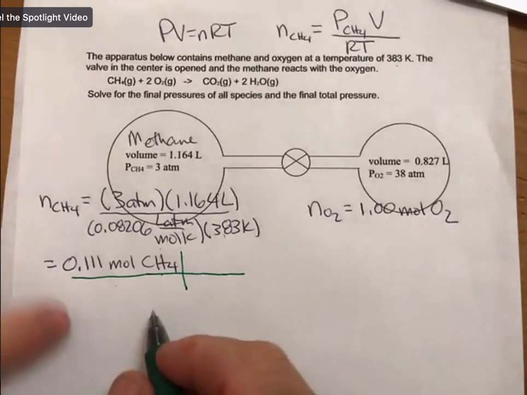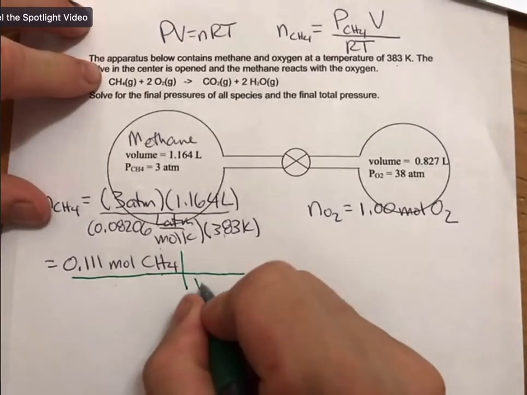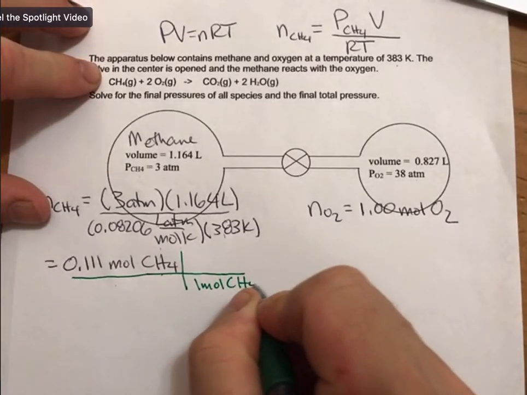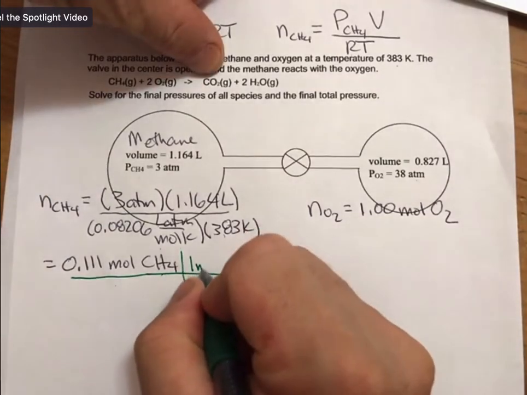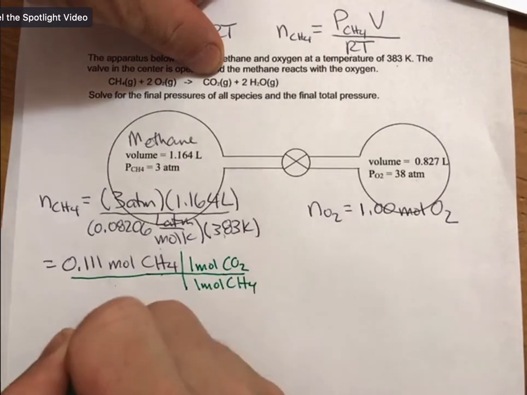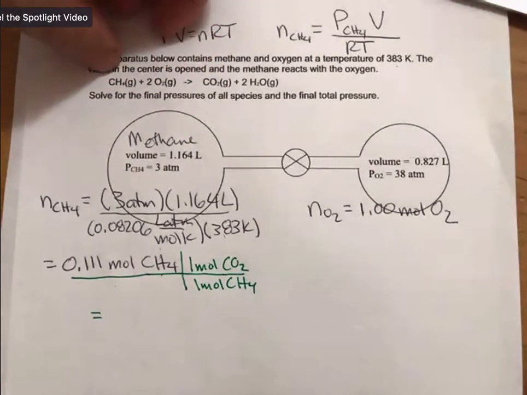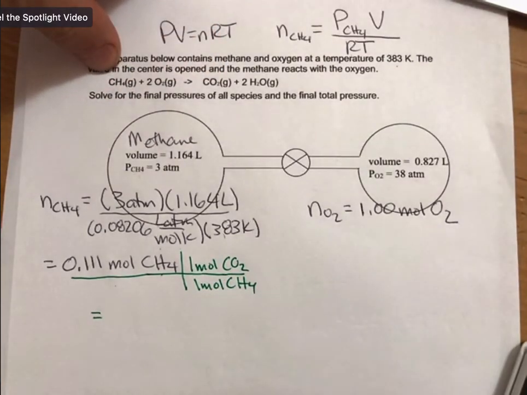I know for every 1 mole of methane, I am going to create 1 mole of carbon dioxide. So my moles of carbon dioxide, if methane is my limiting reactant, are going to be the same number.